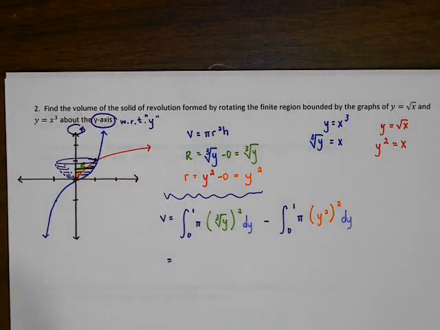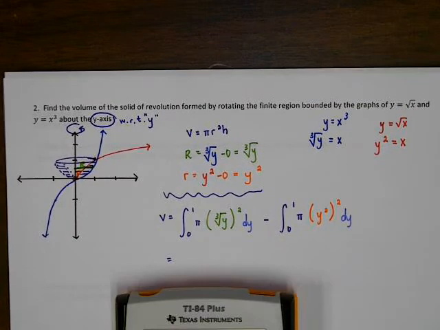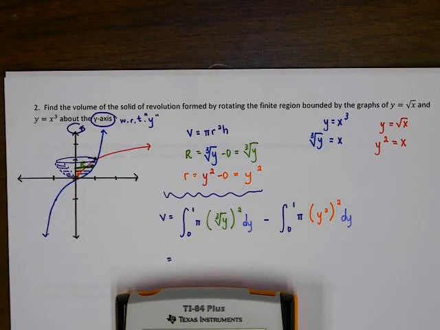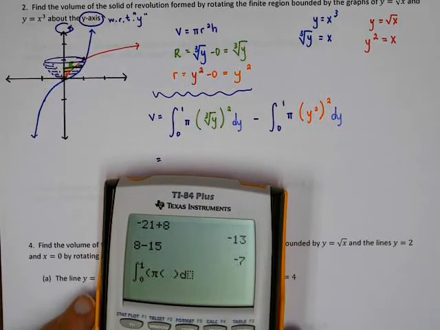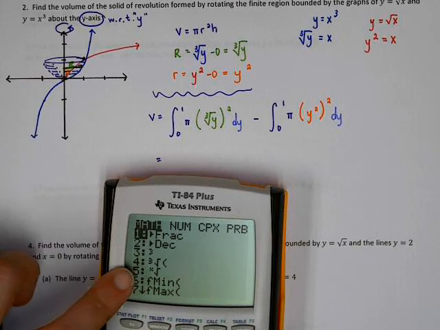And at this point, I'm totally okay with you typing it in because the setup is really the hard part here. So if I were to type this in, I would have math option 9 from 0 to 1 of pi times the cube root, which on your calculator is in your math menu. It's the fourth option.